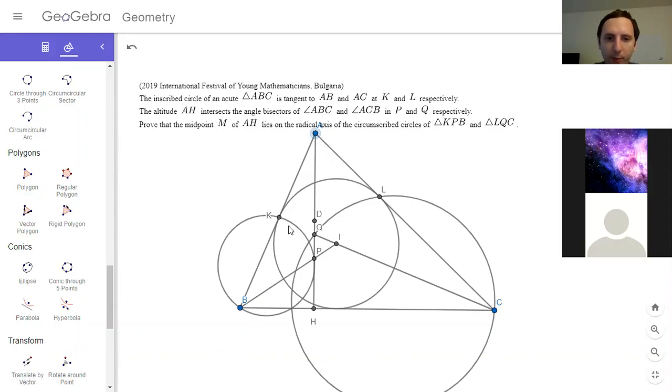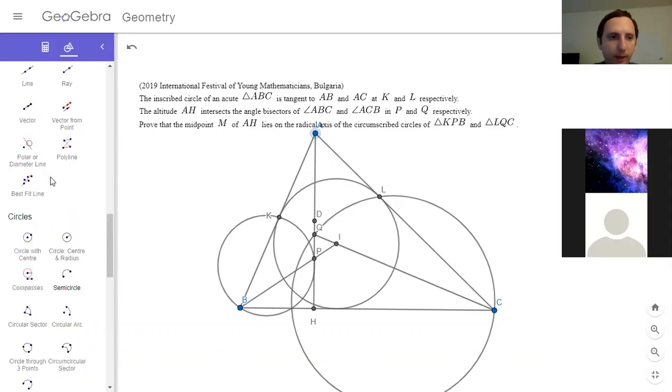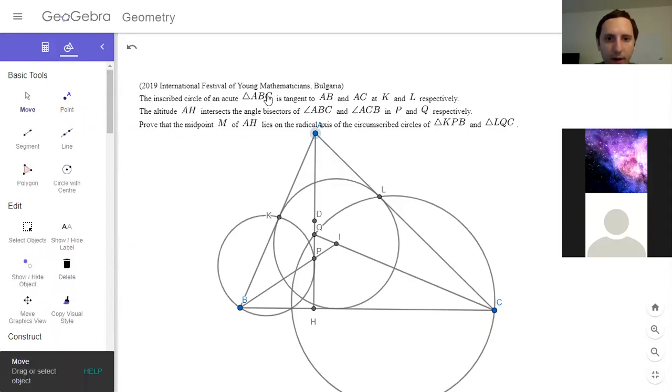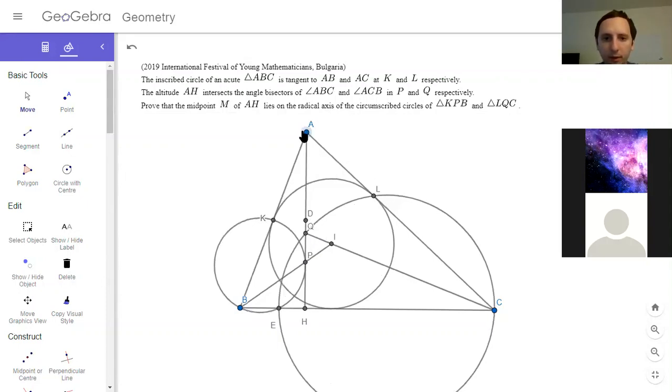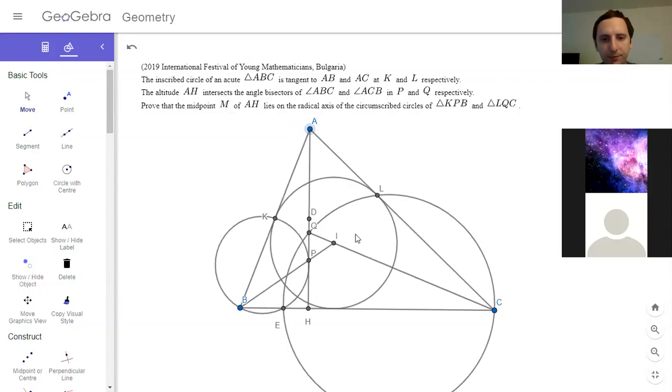So basically I think it's the same as showing AKLP is cyclic. Actually, I'm not sure. Well, let's just assume for now they meet on BC. I'd guess that's probably an angle chase. So basically, we want to show D has the same power with respect to both those circles. It's kind of interesting.